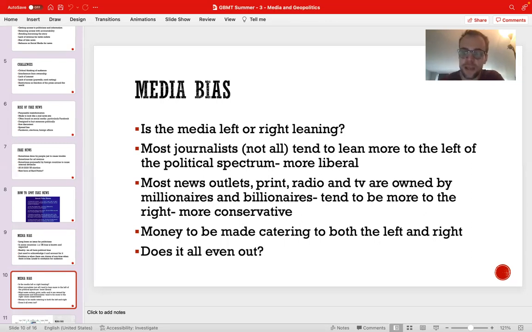So you have owners of major news outlets who tend to be more right-wing, and journalists who tend to be more left-leaning and liberal. This is a contradiction which continues to pose a problem for modern journalism and the ability for journalists to do their work unconstrained by powerful forces and hierarchies within this institution. Forces which often mirror the inequality of wealth and power within contemporary society as a whole.